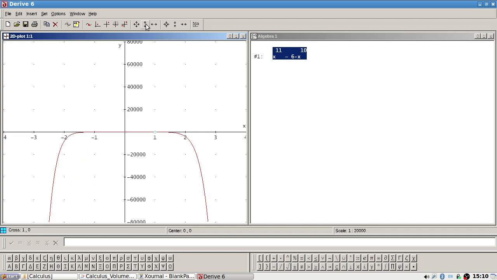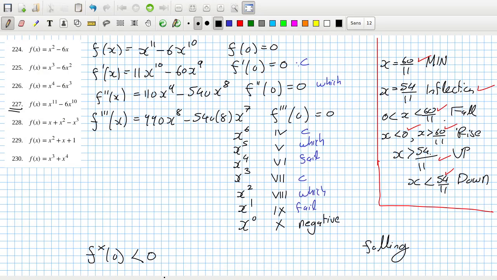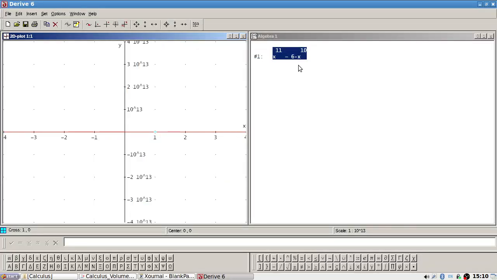It's not really a clear graph. You cannot see what's going on here. It does look like a max at 0 though. So I must have lost count of my derivatives here. Okay, let's have a look here. Let's differentiate this 10 times.